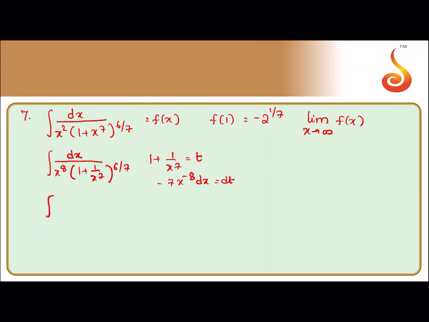So minus 7 x to the power minus 8 dx is equal to dt. So we get this as minus 1 by 7 dt by t to the power 6 by 7. This is equal to minus 1 by 7 integral t to the power minus 6 by 7 dt.